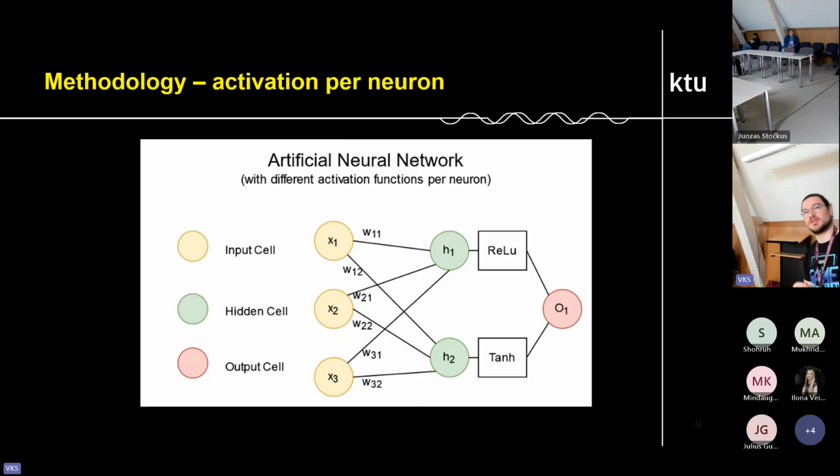And we defined the structure. Because of neural networks, there are several types, like convolution neural networks, simple neural networks, and some of them have linear layers of neurons. So we can say that each neuron has its own activation function.